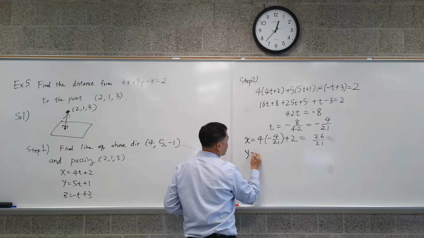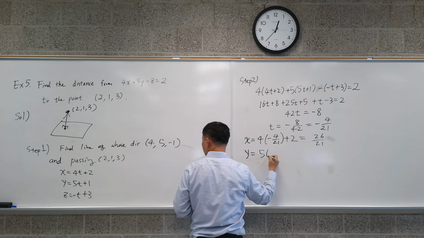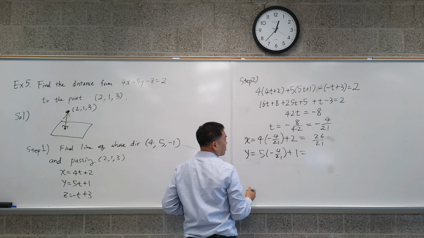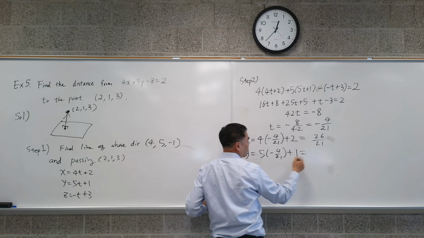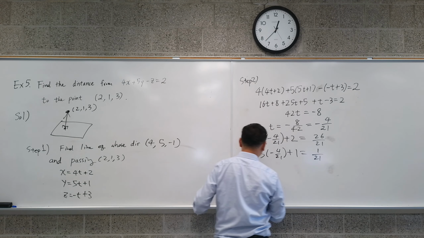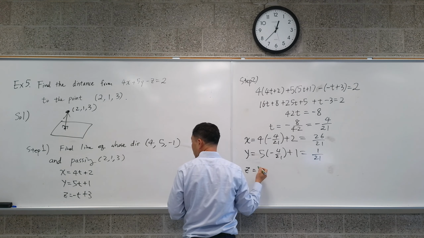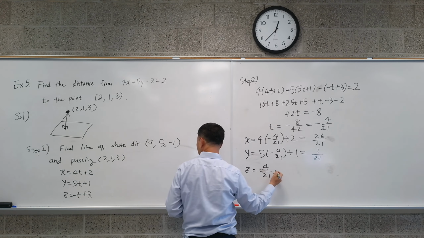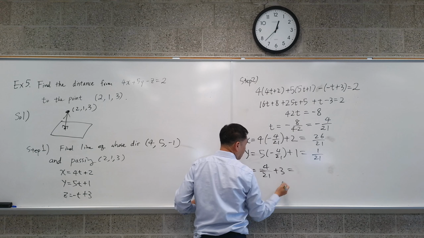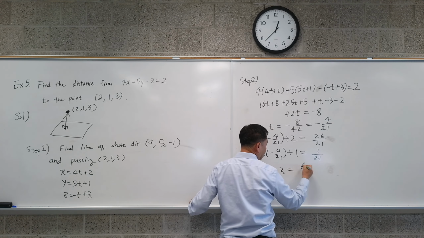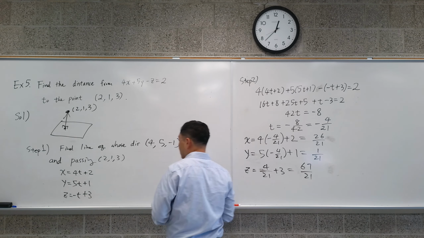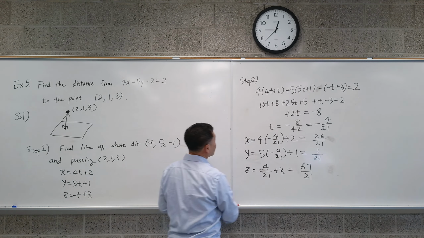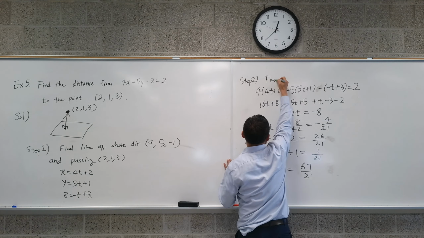And then y is going to be 5 times negative 4 over 21 plus 1. So that's negative 20 plus 21, so it'll be 1 over 21. And then z is going to be positive 4 over 21 plus 3. So 63 plus 4, 67 over 21. Okay? So we see that step 2 is find the intersection point.